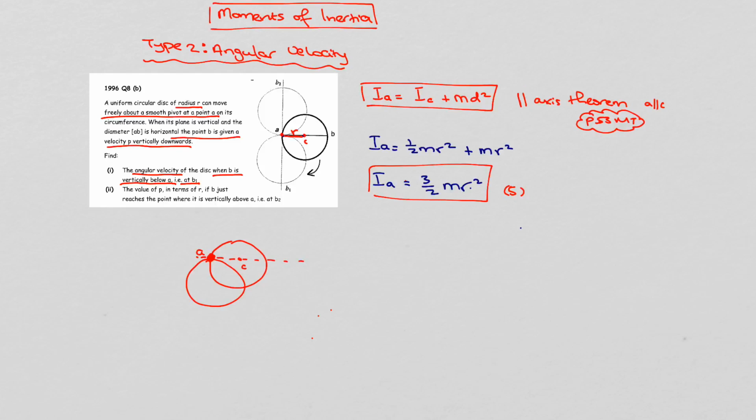Here we have C, and again here we have C. Then if I mark in my radius on this diagram, that's my radius and that's my radius, and this distance here is r and this distance here is also r.